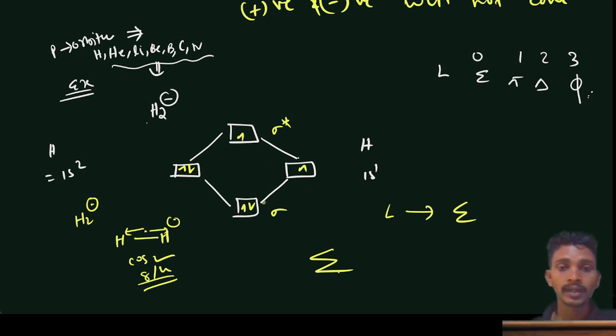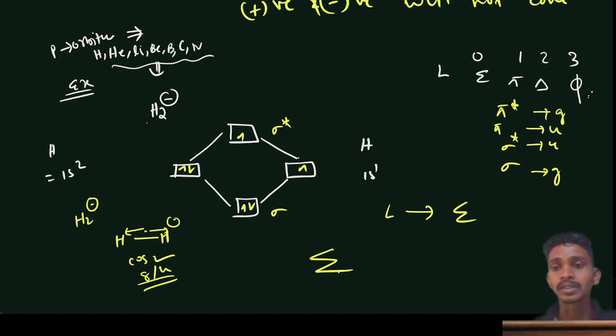You see sigma, sigma star, pi, and pi star. So these are g, u, u, g. Here, where are the electrons? Two electrons in sigma, so g, and g into g is g, as we discussed in the previous class.